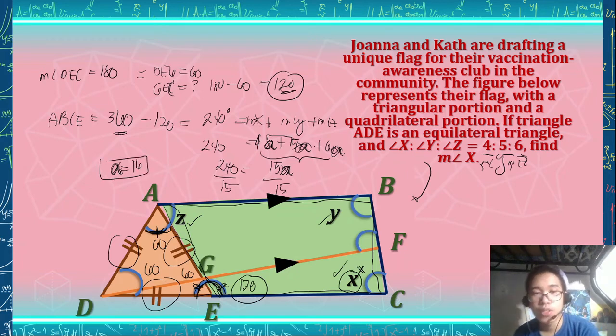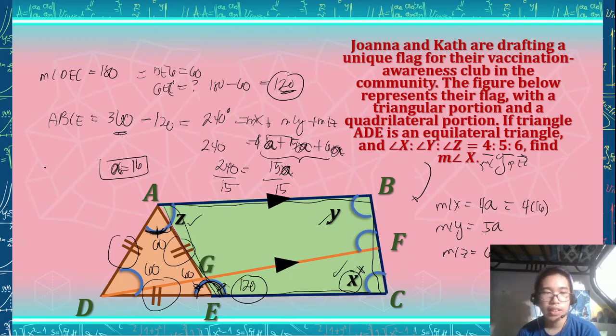If A is equal to 16, and we know that the measurement of angle X is equal to 4A, the measurement of angle Y is equal to 5A, and the measurement of angle Z is equal to 6A, this is going to give us 4 times 16. Let's write that here. Measurement of angle X is equal to 4 times 16.